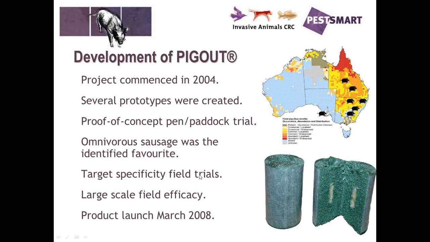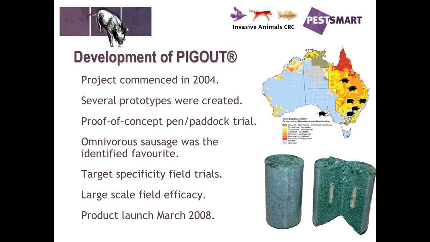So once we identified the right bait and that it was target specific, they had to implement a series of large-scale field trials in a number of different habitats, which you can see over here where the trials were undertaken, to determine its field efficacy. To achieve that, we had to reduce the pig population by 75%.